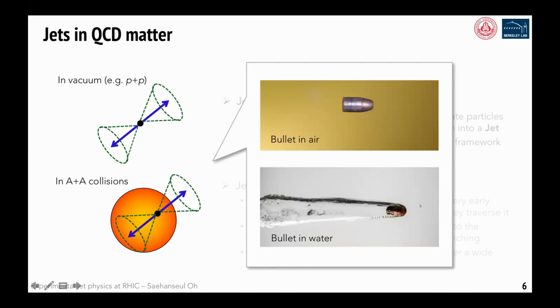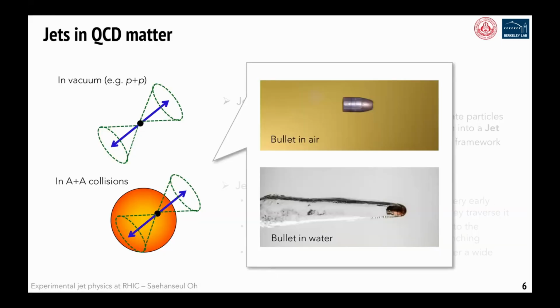Also if you compare the temperature changes in the water as the bullet traverses it, it says something about the specific heat of water. So it gives a lot of information about the water if you compare the bullet in air and bullet in water. So it's very similar. We know the vacuum baseline, and then once we see what's changing in the quark-gluon plasma, we can think of the property of quark-gluon plasma.